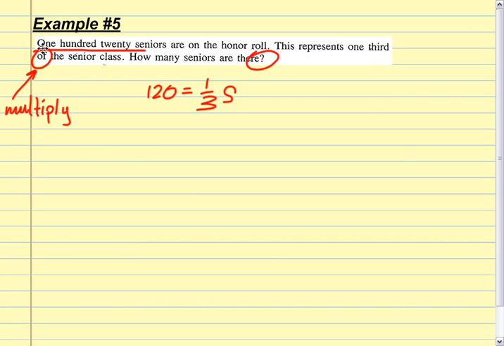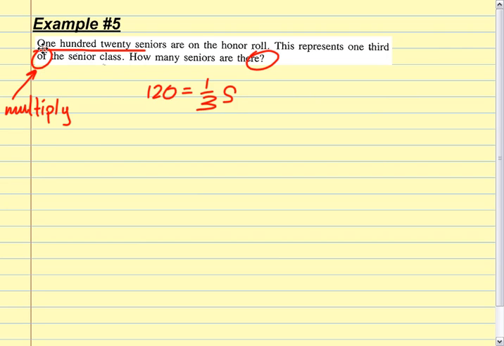All right. Now, is the variable by itself? I want you to look at the board. Is the variable by itself? Good. Feel free to look at the board. What's happening with the variable? 1/3. And what's happening between the 1/3 and the variable?